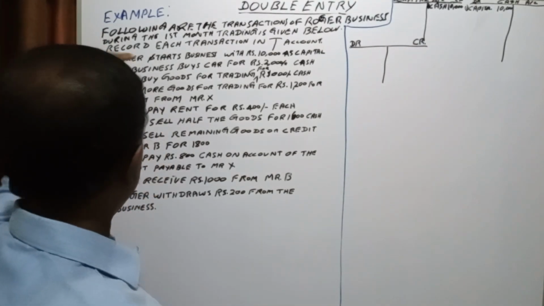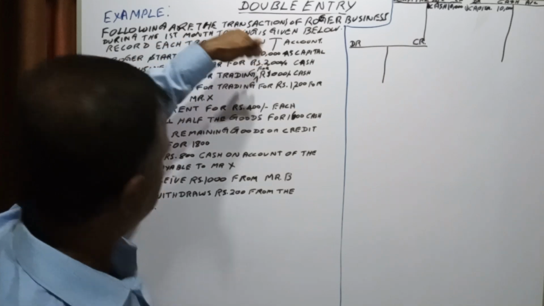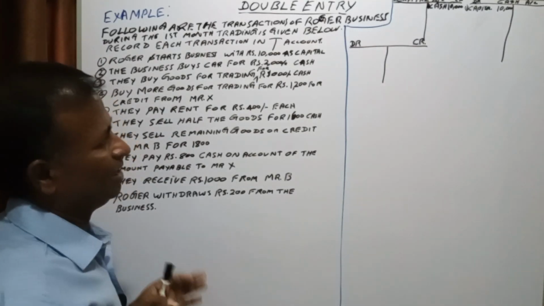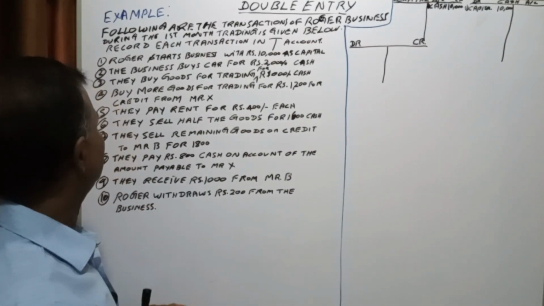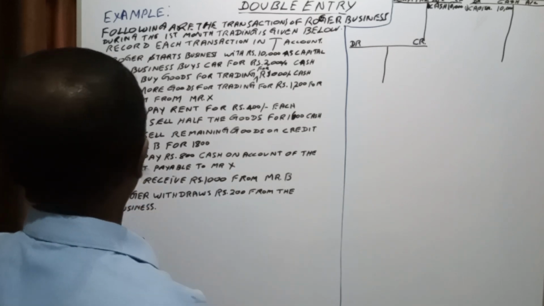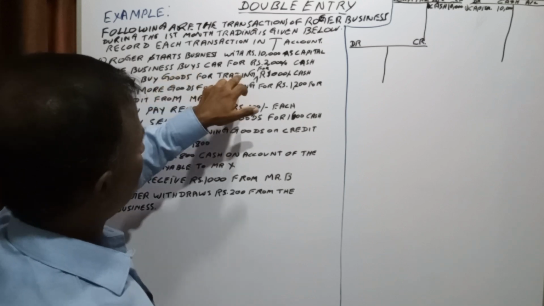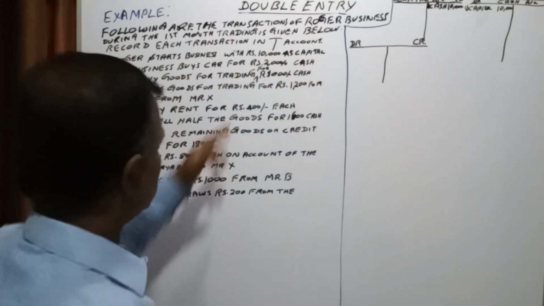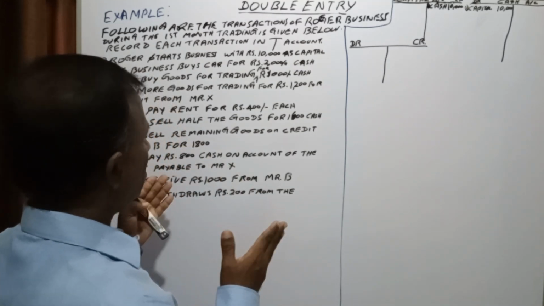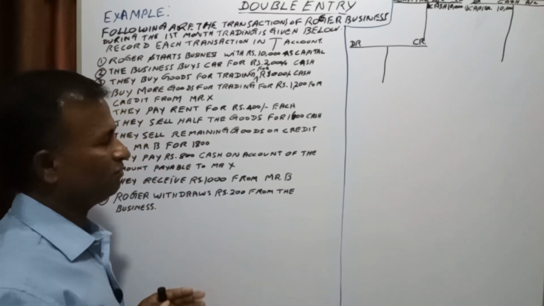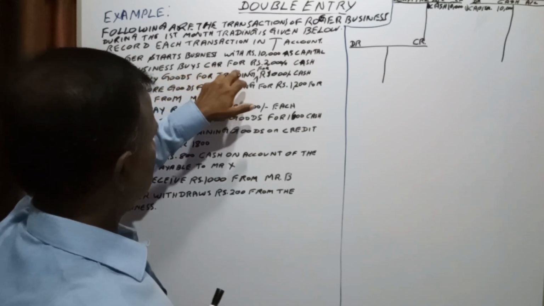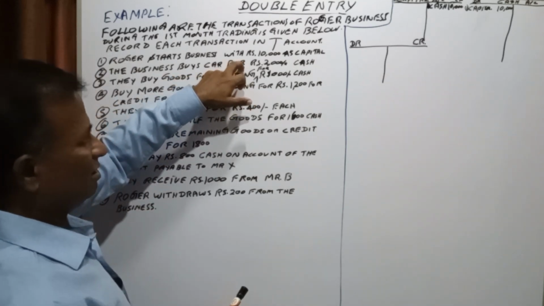The second adjustment: the business buys a car for rupees 2,000 cash. For you to understand, I am taking simple amounts and simple adjustments at the basic level. In this case, what is the effect of this transaction? Two accounts are going to be affected. One is the car account.